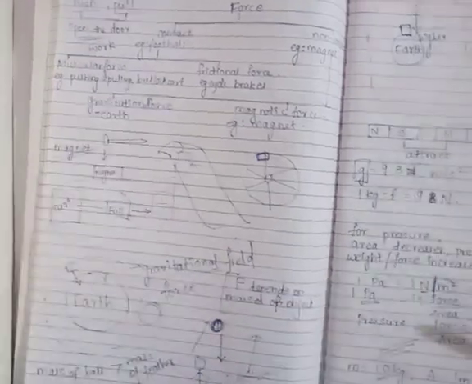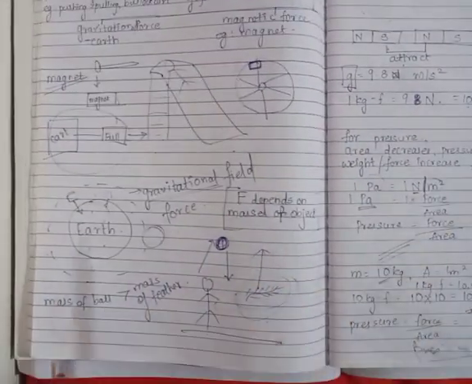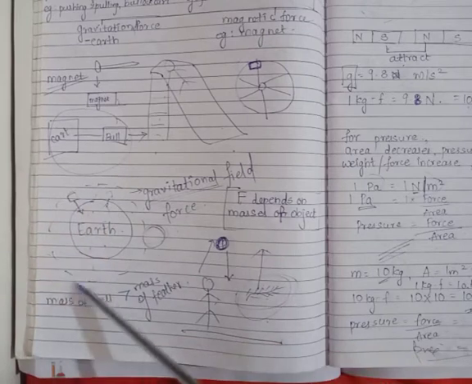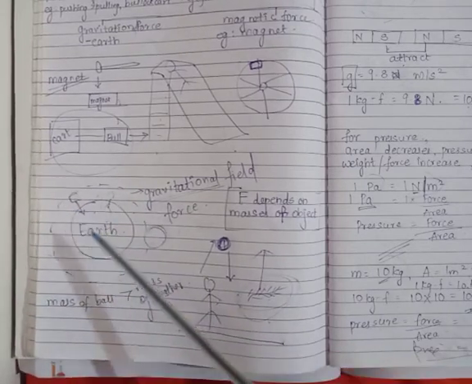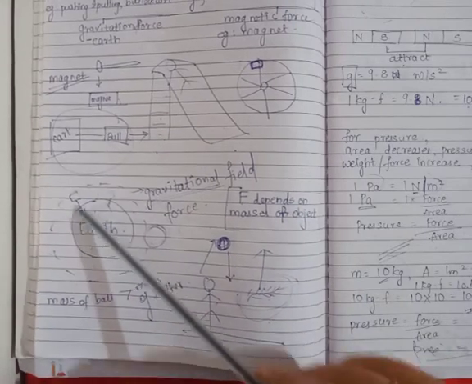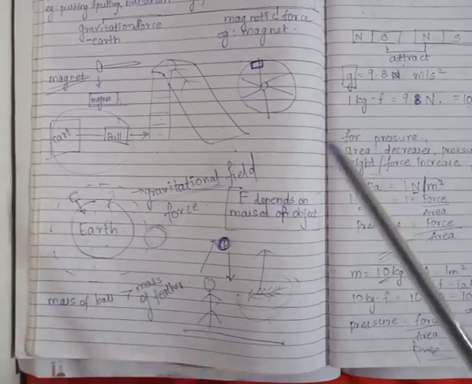Next, we saw about gravitational force. If this is the earth, the gravitational force is present up to a certain distance. Whenever an object goes into the sky, if it is in the gravitational field, it will come back.